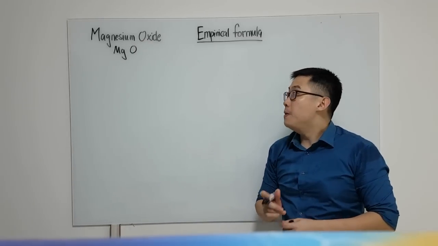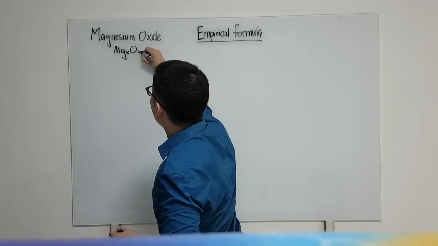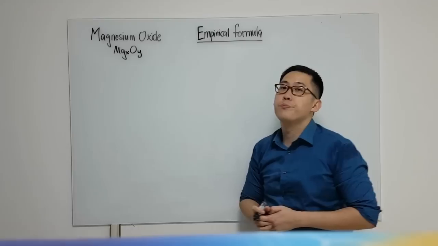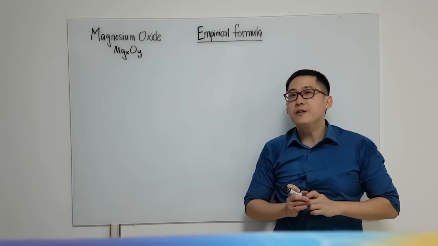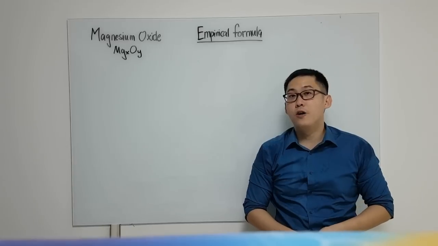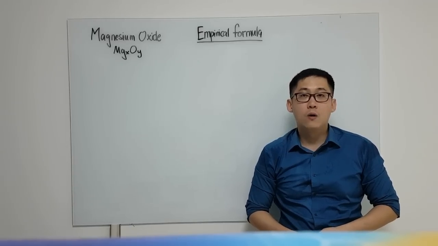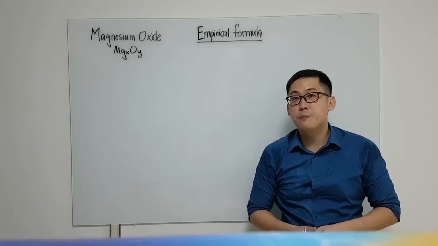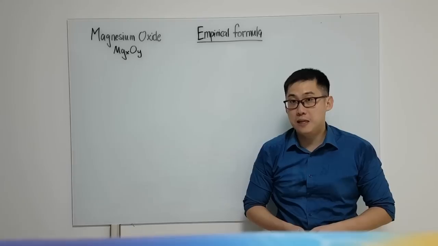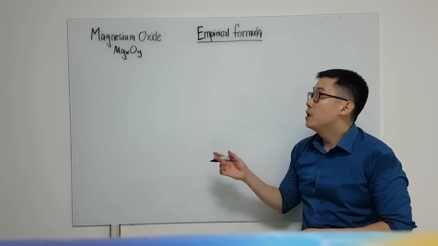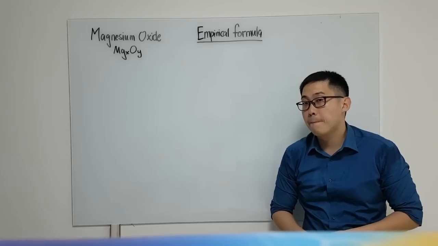However, we may not know what the numbers are. So, we usually will obtain the empirical formula through mass calculation. Now, allow me to show you an experiment that will allow us to determine the empirical formula of magnesium oxide.